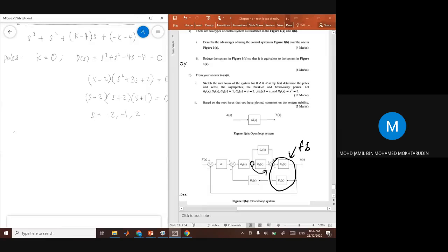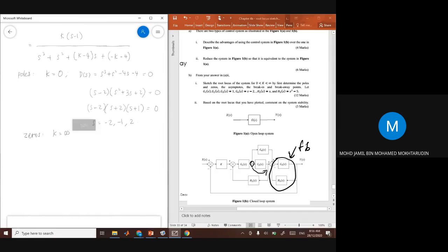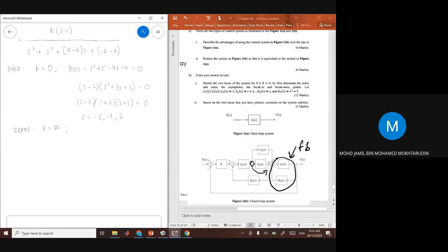Okay, zeros is when k equals infinity. So you get S equals 1 for zeros, okay?